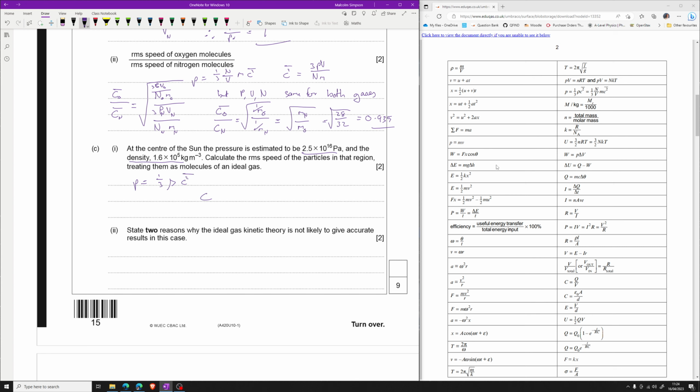And then just rearranging for c bar, it's the square root of 3 times pressure over density. Don't forget to square root because we're after the RMS speed, not the RMS speed squared. Substitute and solve.